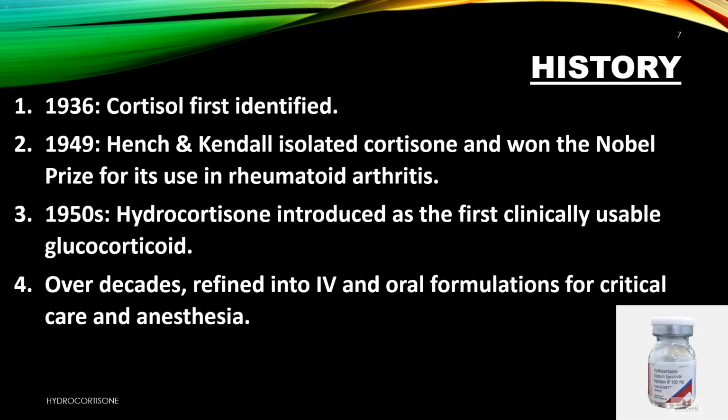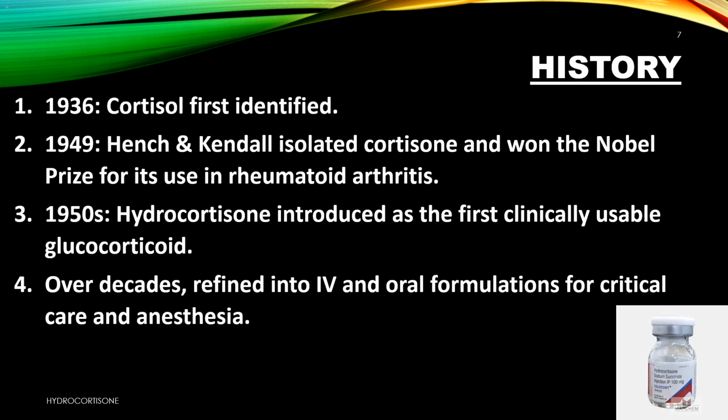History of hydrocortisone. 1. 1936. Cortisol, a naturally occurring glucocorticoid hormone, was first identified, marking the beginning of research into its therapeutic potential. 2. 1949. Philip Hench and Edward Kendall isolated cortisone, a glucocorticoid hormone, and were awarded the Nobel Prize for its groundbreaking use in treating rheumatoid arthritis, demonstrating the therapeutic value of glucocorticoids. 3. 1950s.